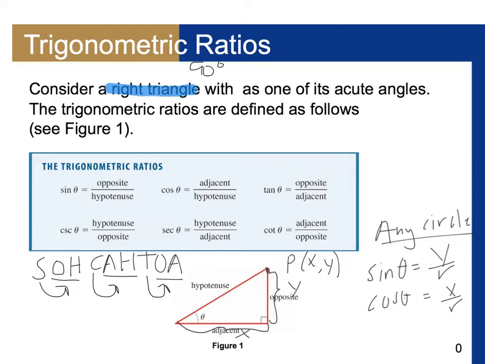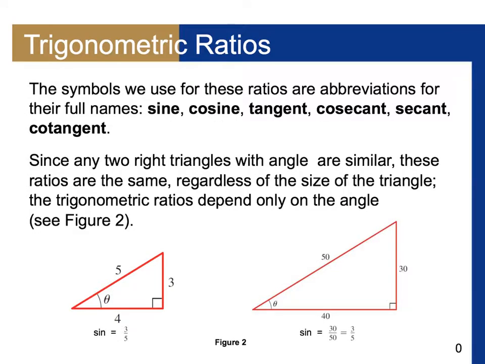Remember, CAH, so the H is silent. Just remember the full names are sine with an E, cosine with an E, tangent, cosecant, secant, and cotangent. That's the full names of them.